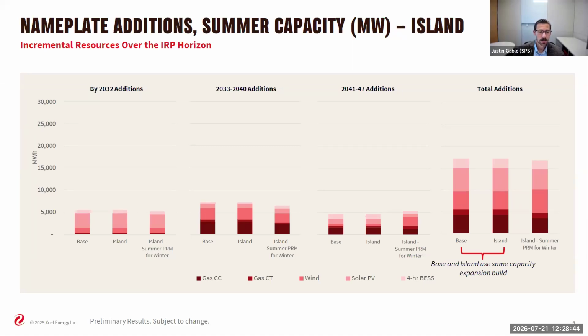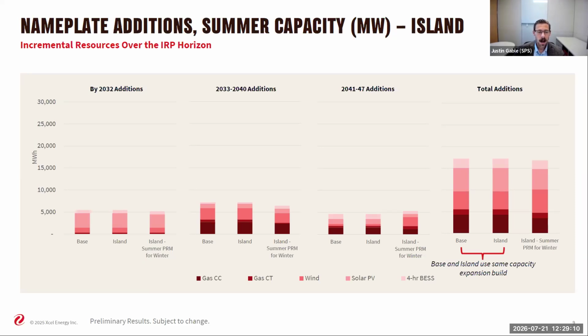The only difference between the base and islanded is during the production costing run, the islanded scenario does not reconnect the market. So all of our capacity expansions turn the market off to build resources, but in the production costing stage, we generally turn the markets back on. In these islanded scenarios, we do not turn the markets back on.